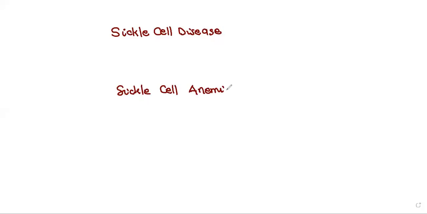Before we move on, I need to make some distinction. I need to give you some definitions or explanations because I'll be testing your strength on these things. Now listen carefully. When we say sickle cell disease, you can have sickle cell disease, you can have sickle cell anemia, you can have sickle cell trait.